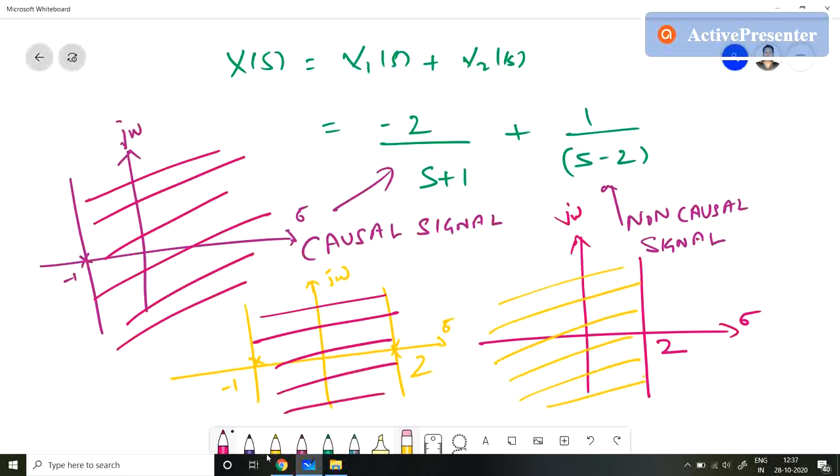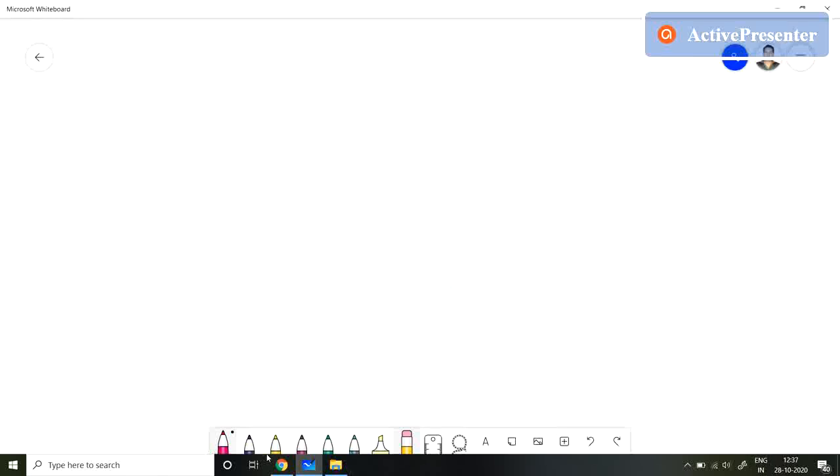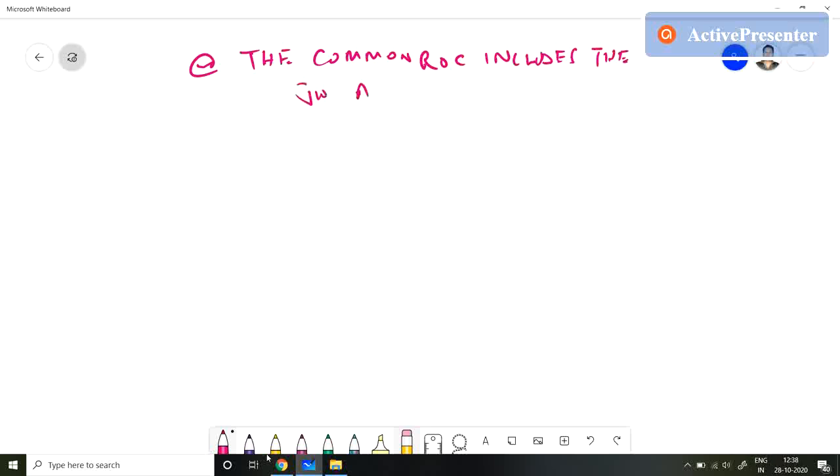So the main point is that the common ROC includes the j omega axis.